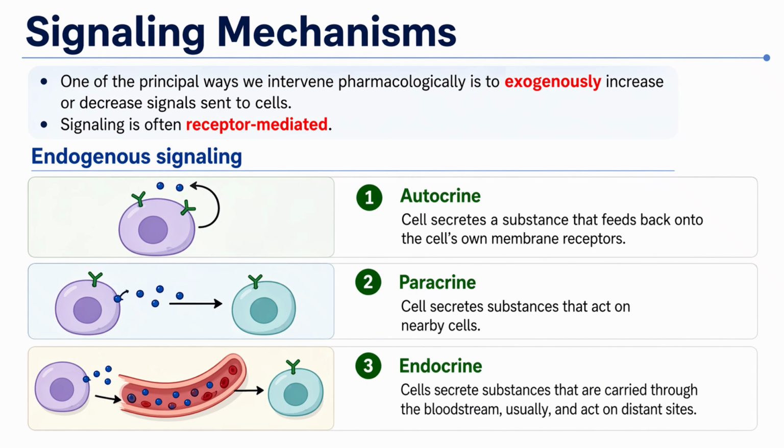Now, binding is only the beginning, right? Because the signal has to go somewhere. And signaling mechanisms are often receptor mediated. And once a receptor is activated, then the cell can alter the enzymes, ion channels, and transcription or secretion. This can all be adjusted.